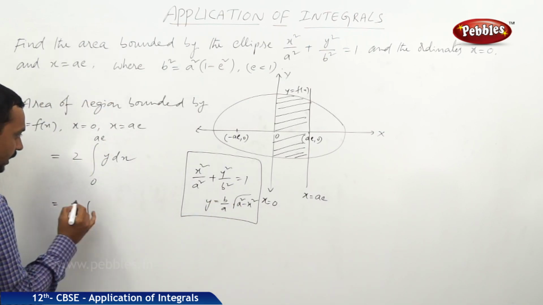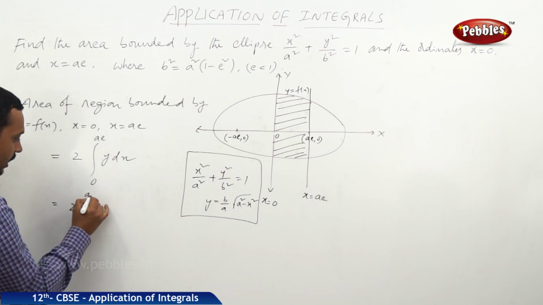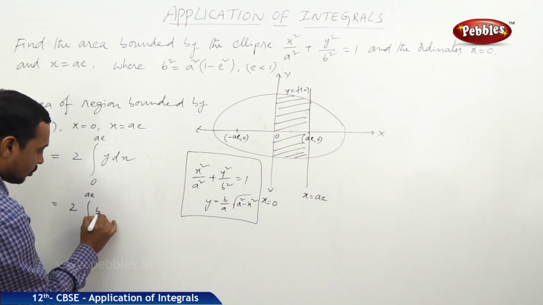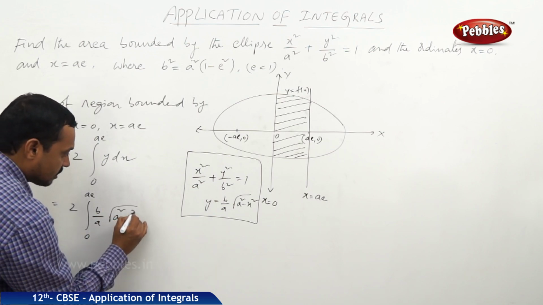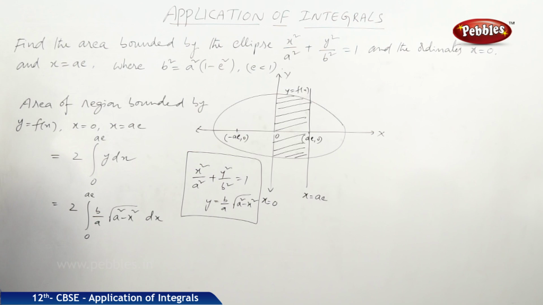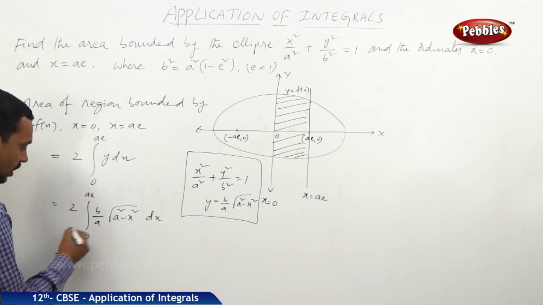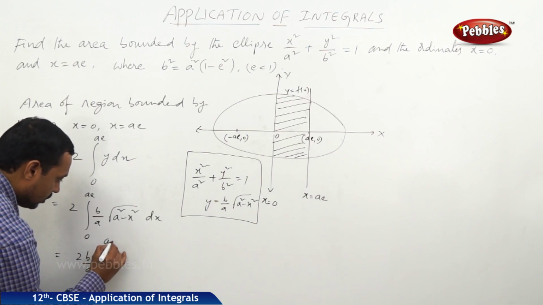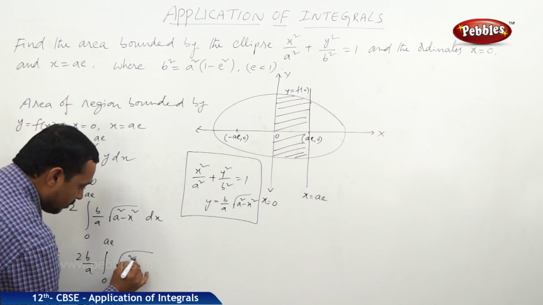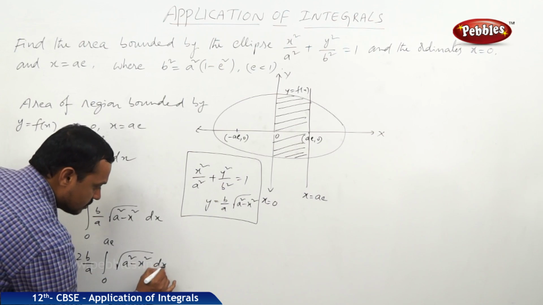Therefore it is 2 into the integral from 0 to ae of y dx, where y is b by a into root of a square minus x square. Now clearly b by a is constant, so 2 into b by a, integral 0 to ae of root of a square minus x square dx.